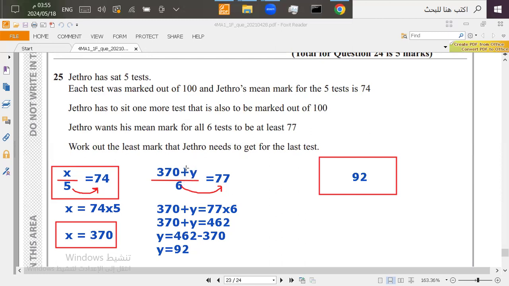And then divided them by 6 because they became 6 now. And we need at least a mean of 77. We took the 6 to the other side by multiplying. We got 462. We took 370 to the other side by subtracting. We end up with the value of y, which is the least mark that Jethro needs to get for the last test. That's it for this paper.